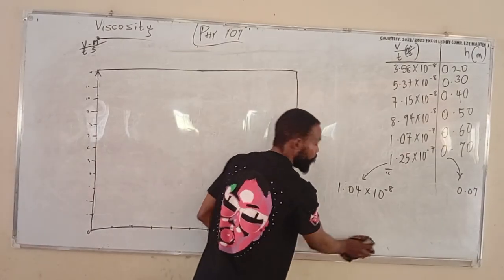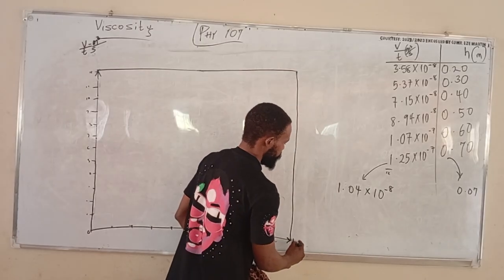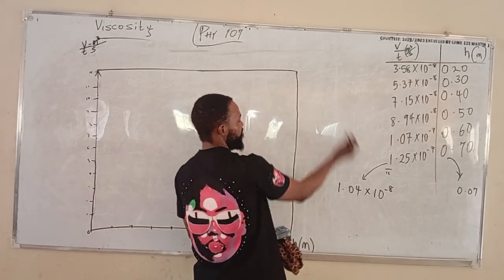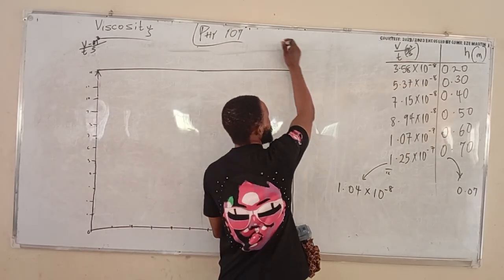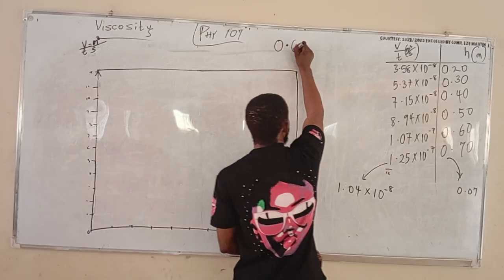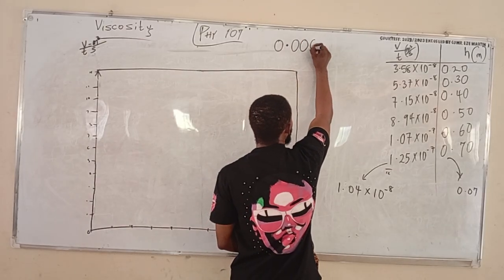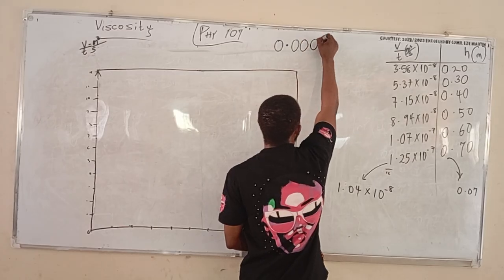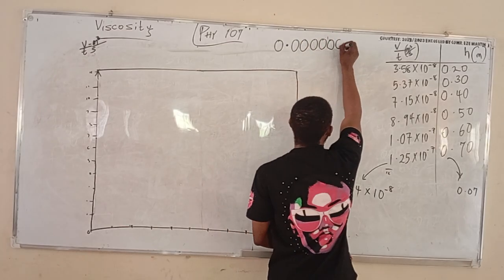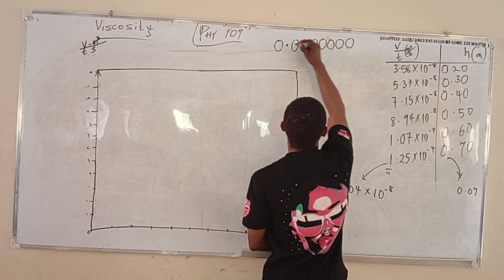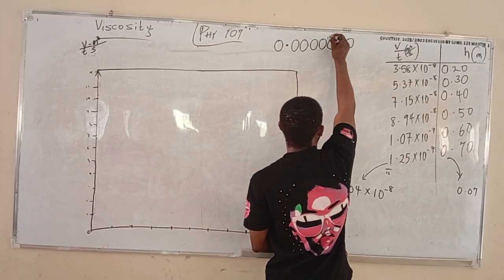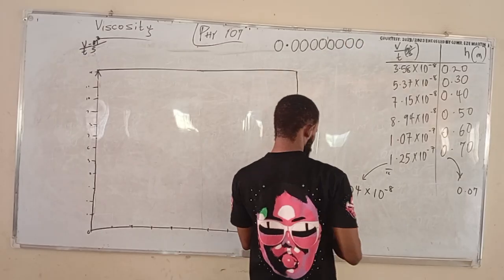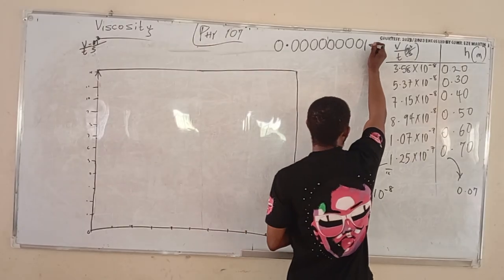Please look. You are not seeing the board. See now, is this thing the scale? 0.000000, 1, 2, 3, 4, 5, 6, 7, 8.